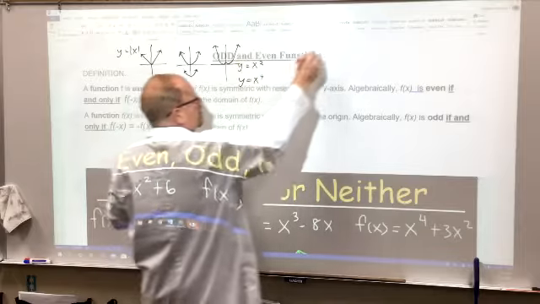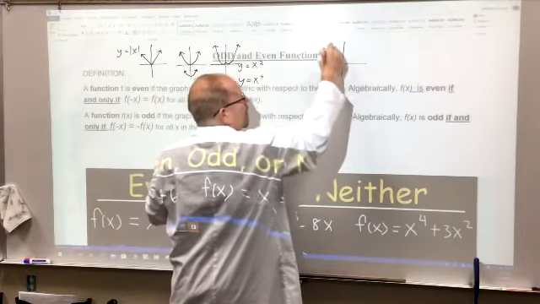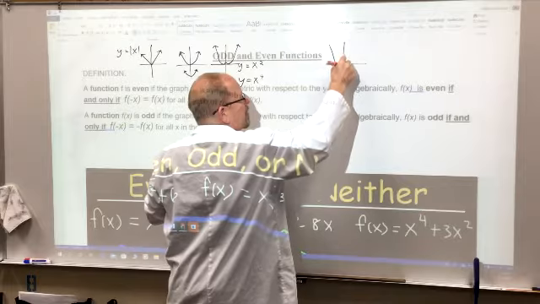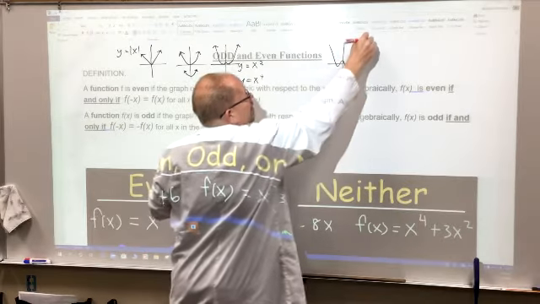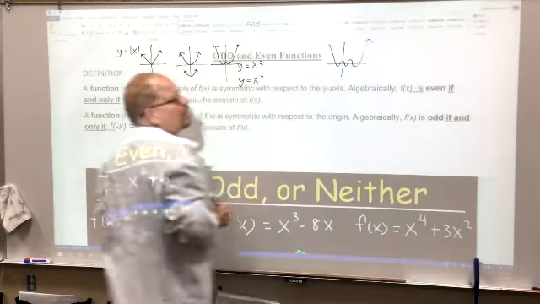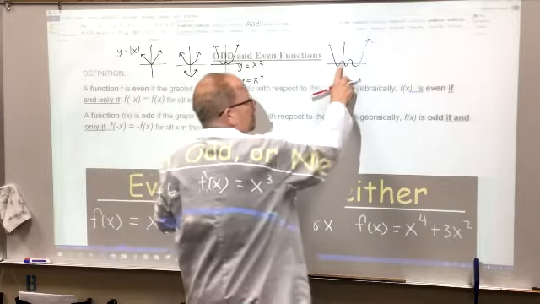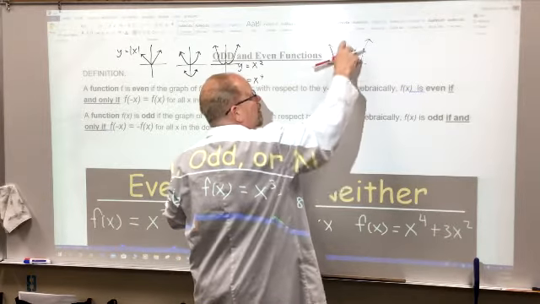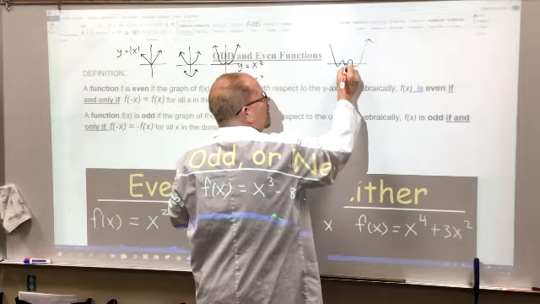X to the sixth may look like this. Actually, this would be centered. Let me put that axis back in the right place, so it would be centered here.